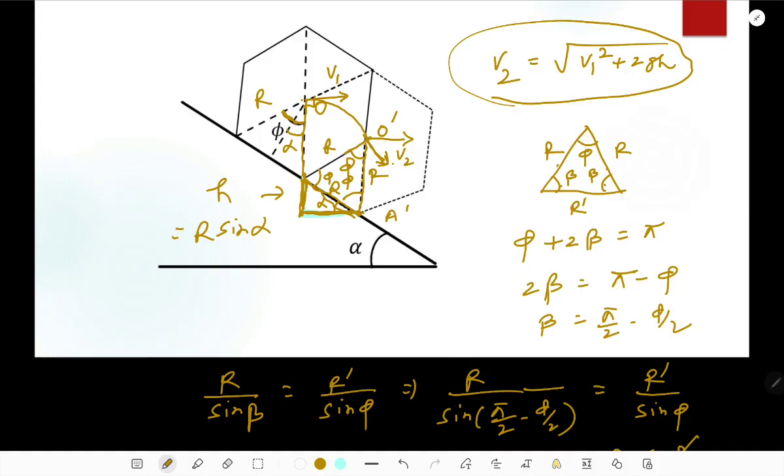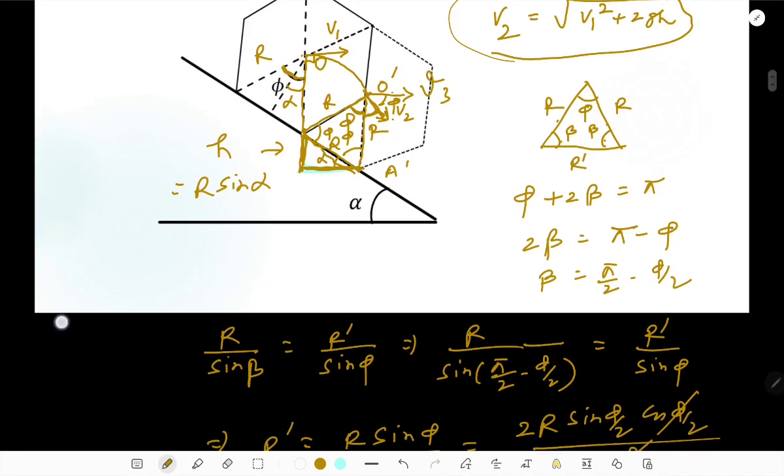And there are many perpendiculars. If this angle is phi, this angle is 90 minus phi, so these two lines are again perpendicular, so this angle is going to be phi. So let's name this velocity v3.